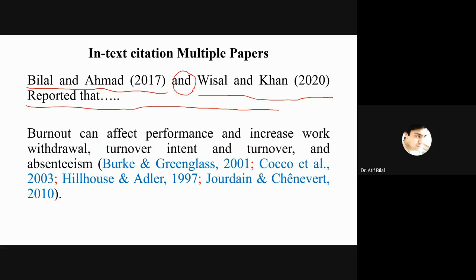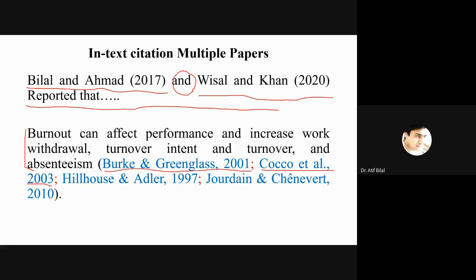Now, suppose this sentence or this text has been said by multiple people in their multiple papers. So, how are we going to differentiate them? This is our first paper. This is our second paper. Burke and Greenglass 2001 is one paper. This is saying this thing.